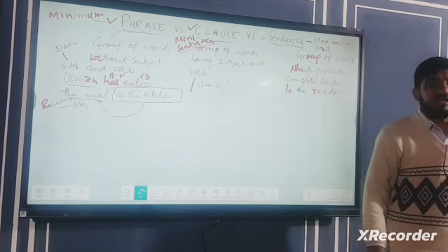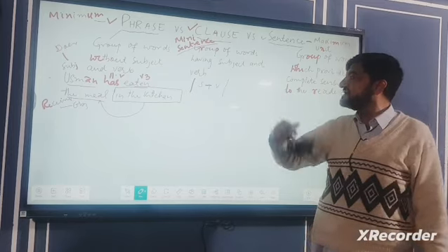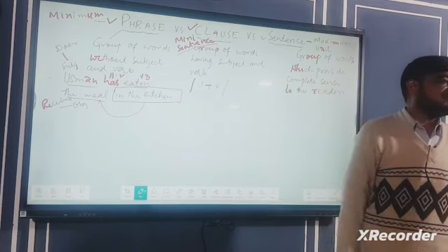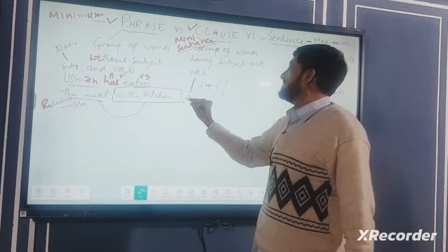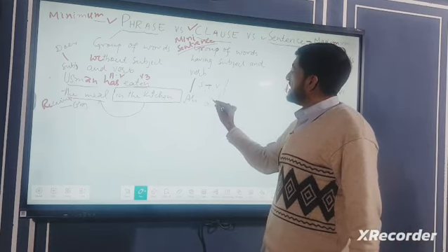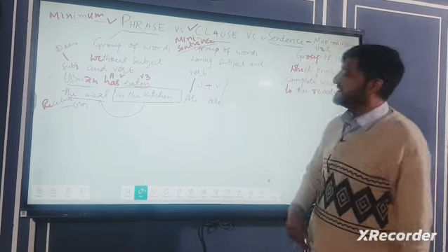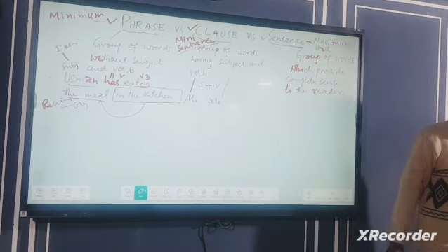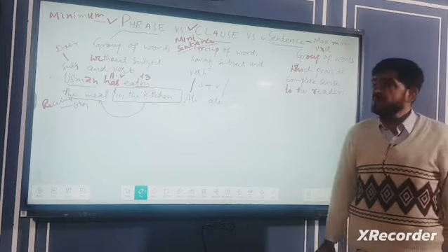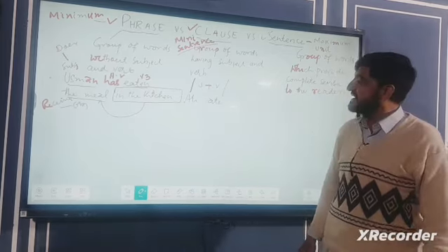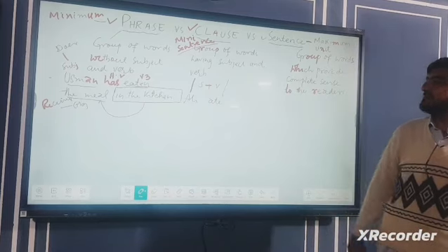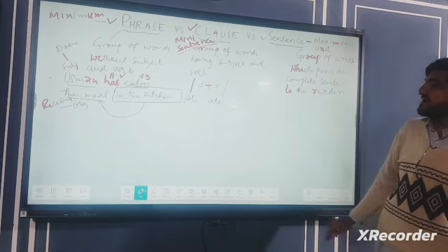And where there is the combination of subject and verb, that is also known as sentence. For example, we can say Ali ate. It's a complete sentence, but it is also a clause. It means that it gives us the sense. What did Ali eat? That depends upon the situation.